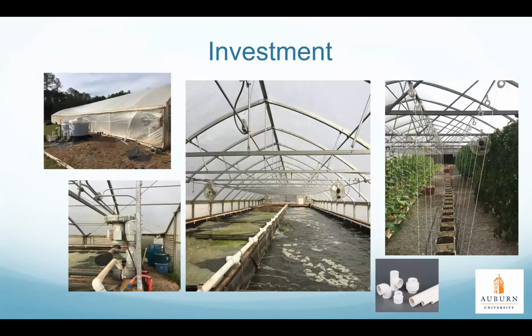So the first thing we're going to look through is look at these two systems of the fish and the plant greenhouse and what costs go into it. On the upper left, you can see a greenhouse, and you can see the two tanks where we clear the water of its solids before it goes to the plant greenhouse. This is the inside of the fish greenhouse where the tilapia are grown.